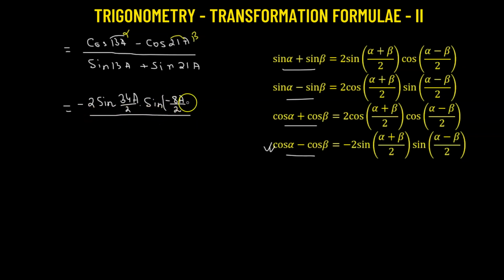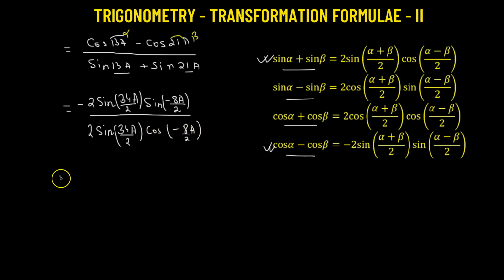Whole divided by, now we have the sum of two sine functions. So we're going to use this transformation formula. We get 2 times sine of angle, treating 13a as alpha and 21a as beta, 13a plus 21a, so that's 34a over 2, multiplied by cosine of angle, the difference of the angles, so that's negative 8a over 2.